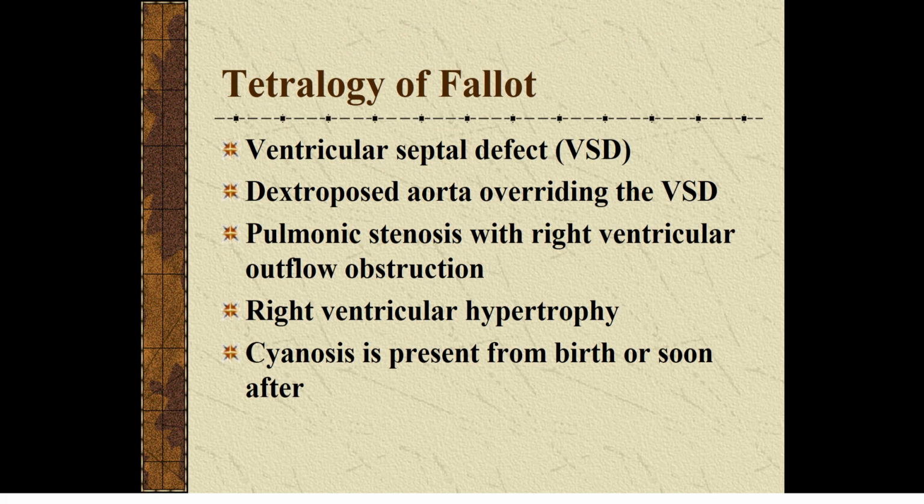Tetralogy of Fallot consists of the following defects: ventricular septal defect, dextroposed aorta overriding the ventricular septal defect, pulmonic stenosis with right ventricular outflow obstruction, right ventricular hypertrophy, and cyanosis present from birth or soon after.